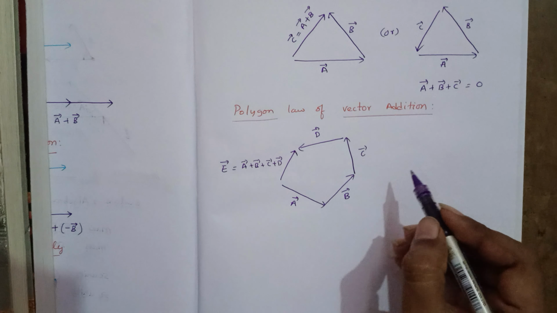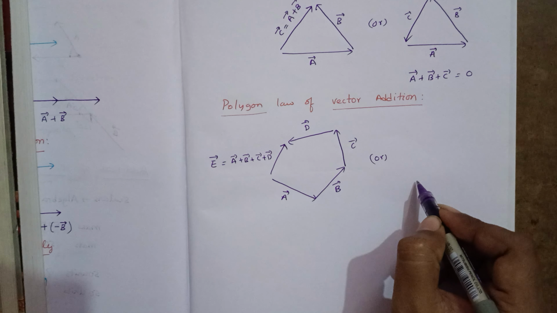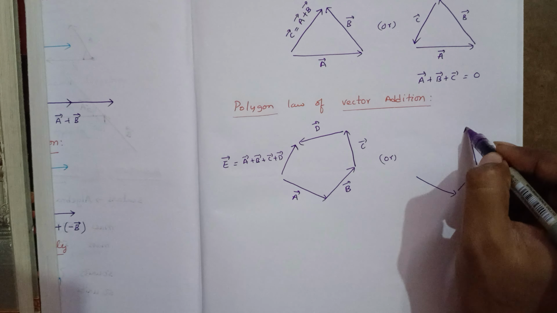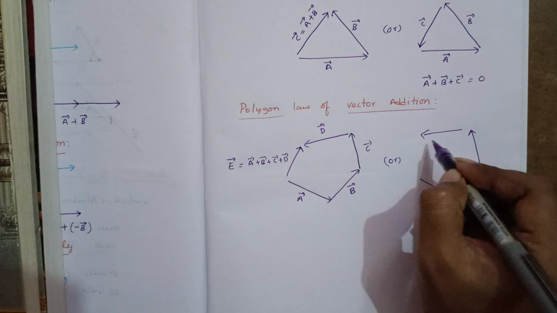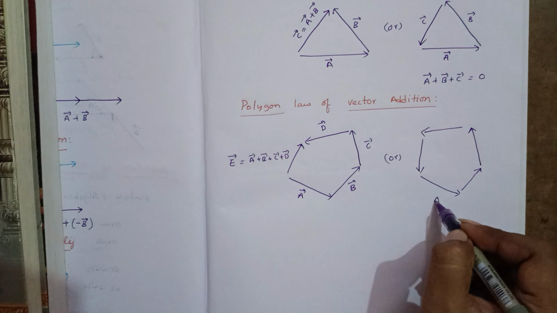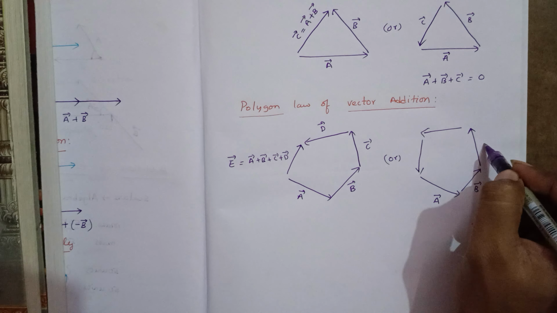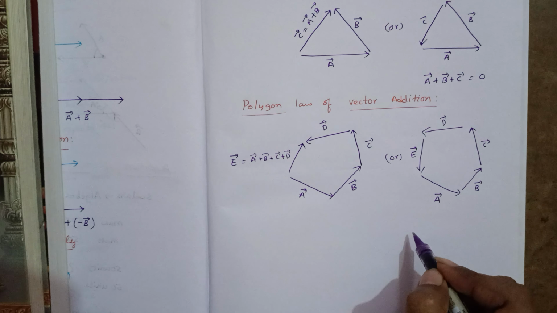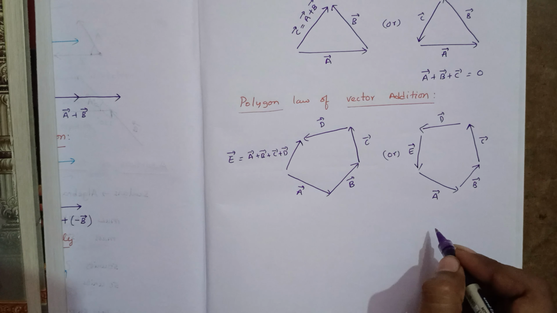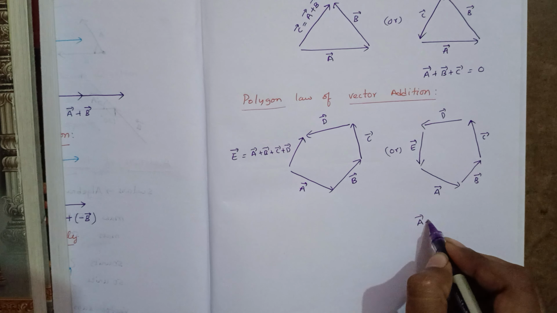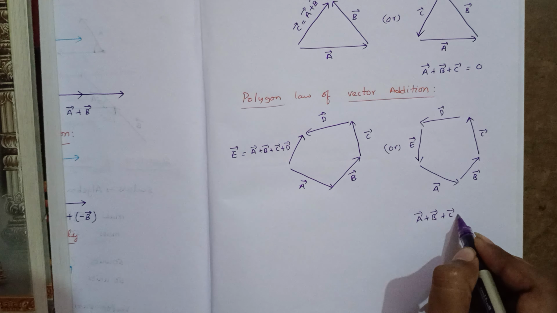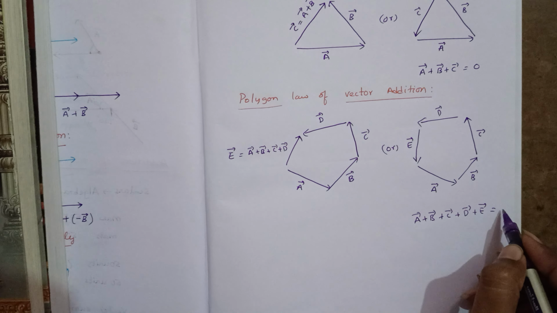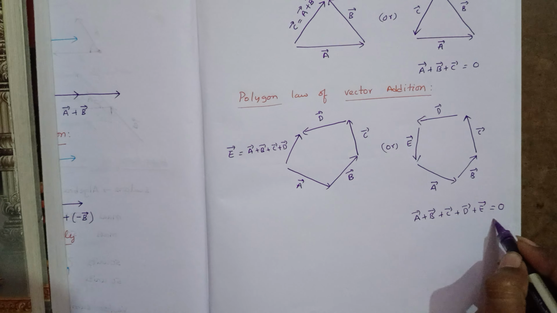Or if all are in the same order, A bar, B bar, C bar, D bar, E bar, then it can be taken as A bar plus B bar plus C bar plus D bar plus E bar equal to 0.